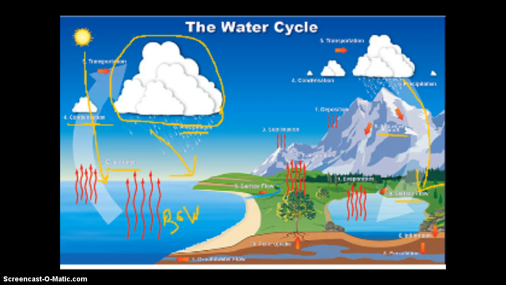There's also a way to get water out of our system other than evaporation, and that's something called transpiration right here. And in case you can't read it, I'm just going to type out what that says. So transpiration. And what does it look like?